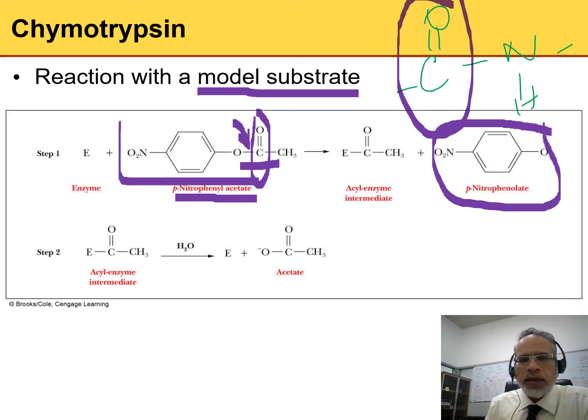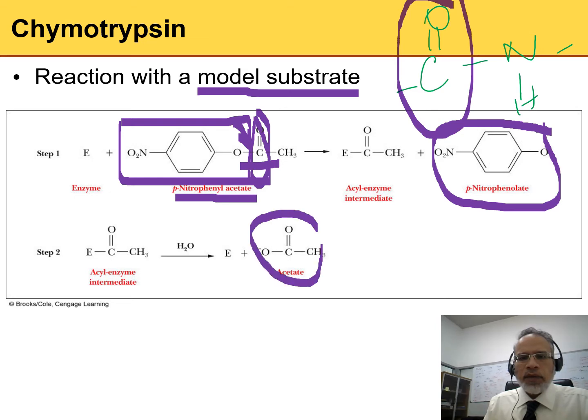This whole thing comes off, and then the second half comes out here. So it breaks into two pieces. Now, when they did this experiment, they found that it actually happens in two different steps, step one and step two. It is not like, suppose you have a pencil, right?